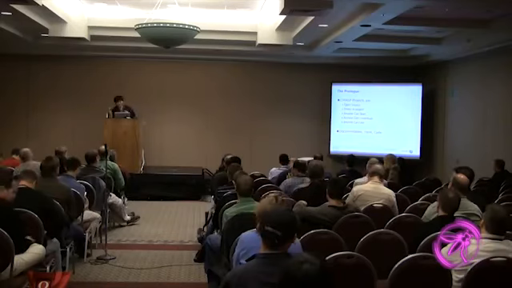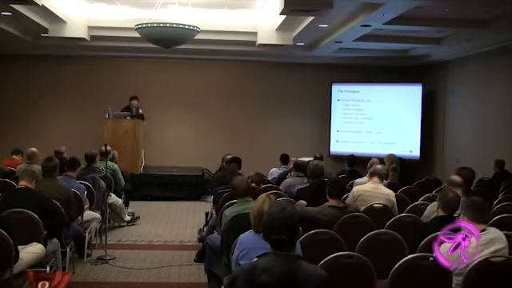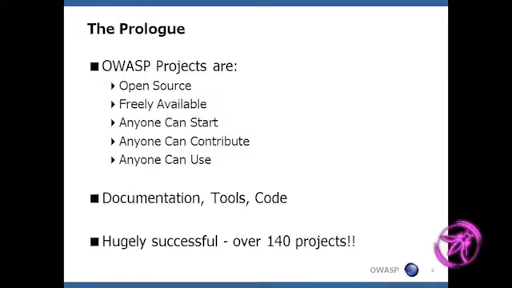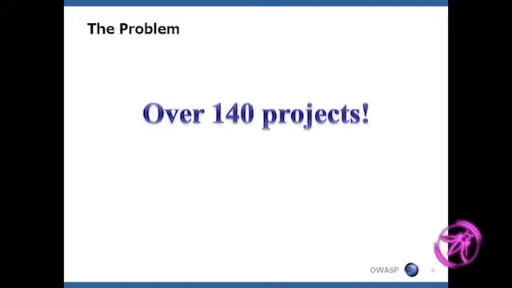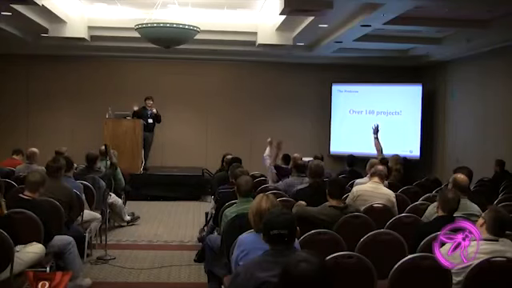So the thing is, OWASP projects have been pretty successful. We have over 140 projects in various degrees of maturity. So what exactly is the problem? The problem is we have over 140 projects. How many people have tried to find an OWASP project?